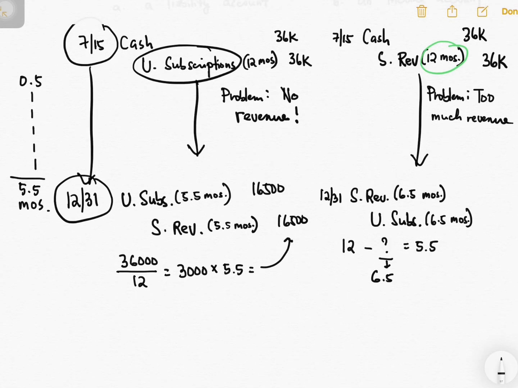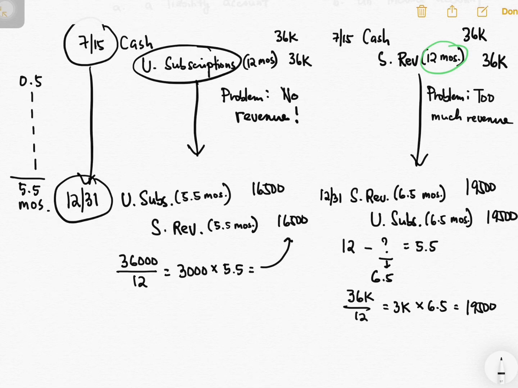Let's get again the monthly revenue, 36K divided by 12, that's 3K times 6.5. Answer is 19,500. So that's the answer here. So that's how you do the adjusting entry for liability method and income method.